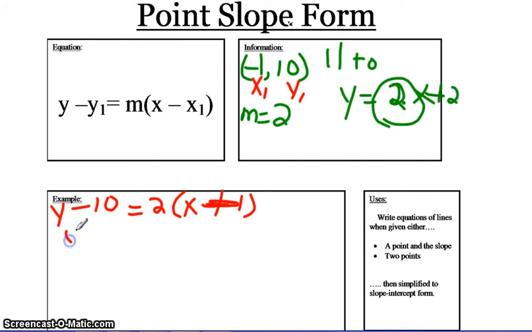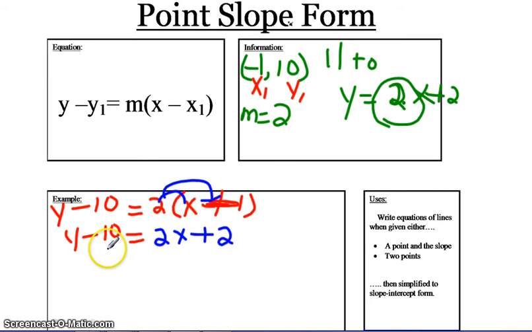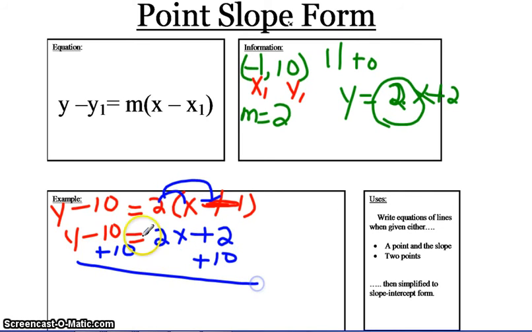It says y minus 10 equals, remember we're going to distribute, and we get 2x plus 2. We're going to add 10 to both sides. So the equation of my line in slope-intercept form is y equals 2x plus 12.